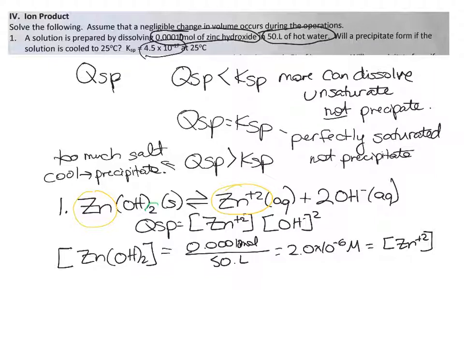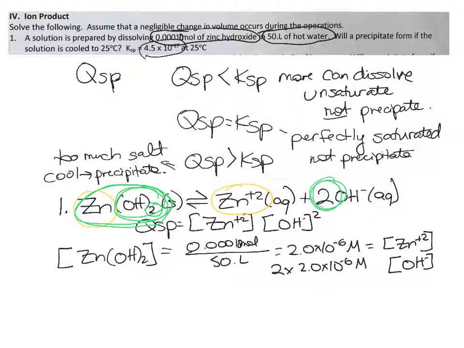However, we're going to get 2 ions of the hydroxide for every 1 formula unit of the salt. 1 unit of salt is going to give us 2 units of hydroxide ions. So the concentration of OH minus is going to be 2 times the concentration of the salt.